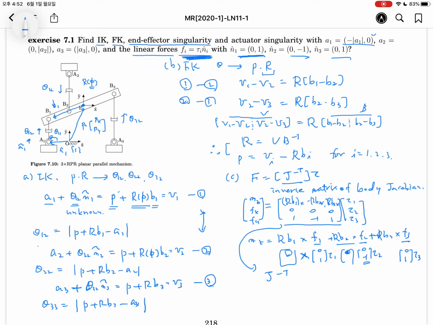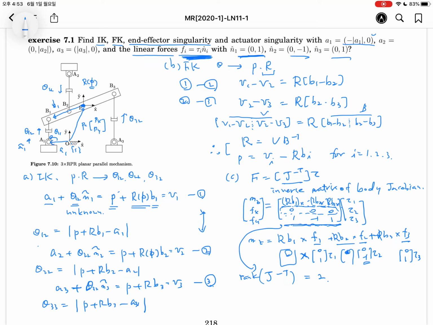As mentioned before, this is the Jacobian inverse transpose. But the first column has some variable, the third column has a 1 or minus 1 element, but the second row will be 0. So the rank of J inverse transpose is 2. It means singular.